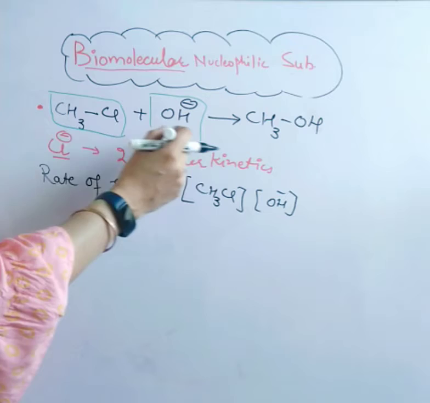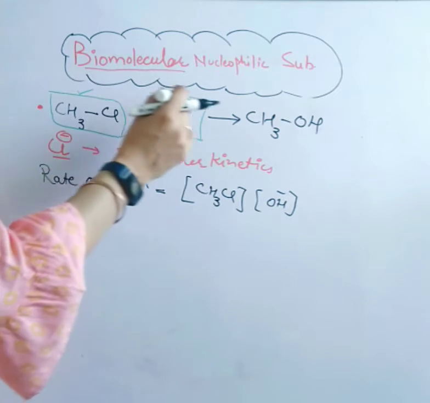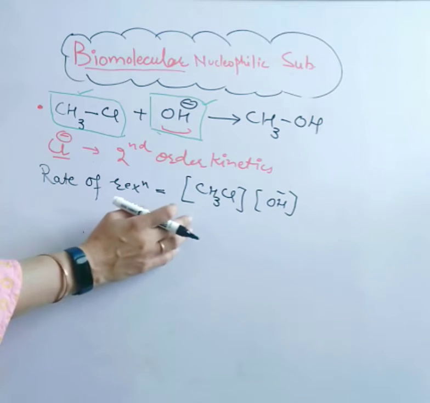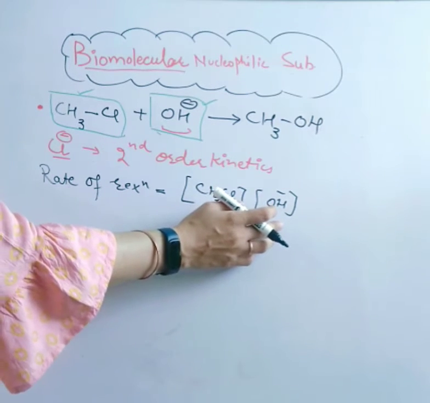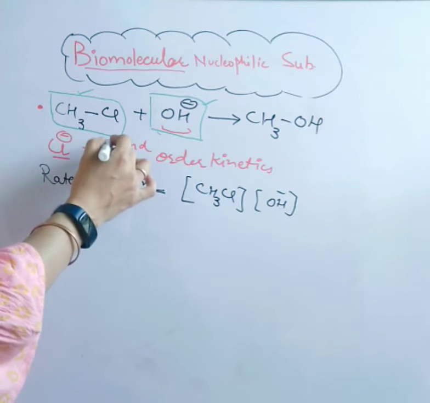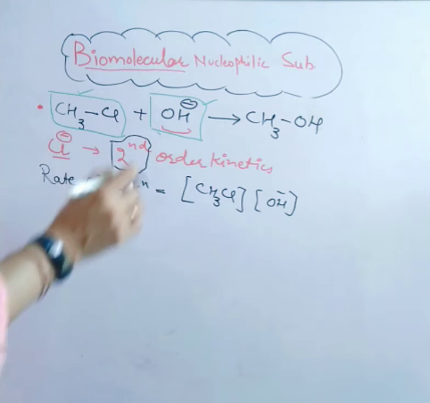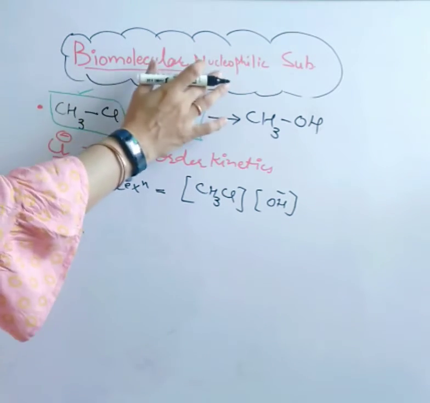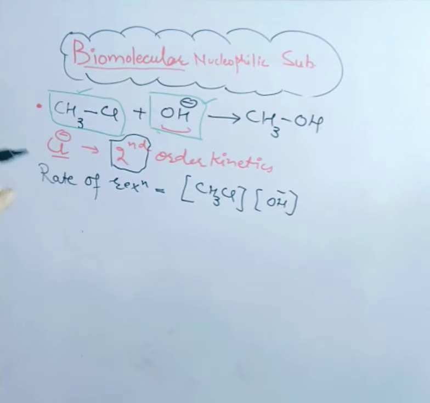They are methyl chloride and hydroxide. So the rate depends upon the concentration of both the reactants. That's why we are saying it is following second order kinetics, and we are calling it bimolecular nucleophilic substitution.